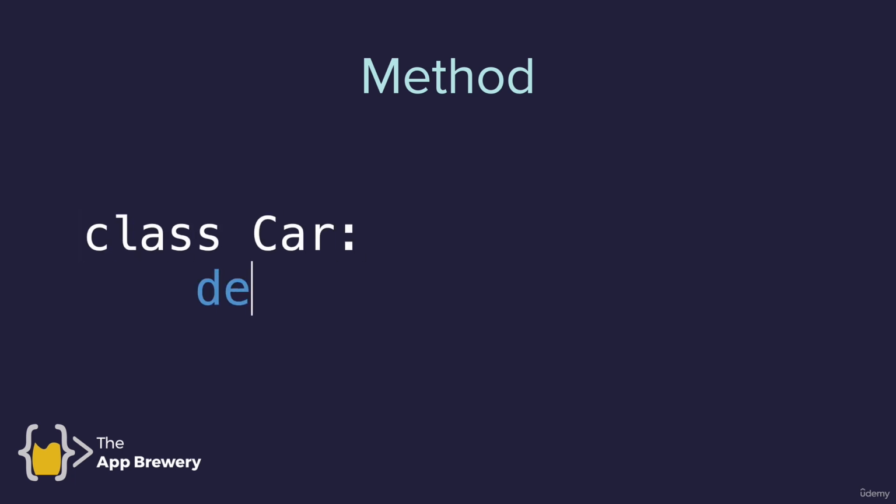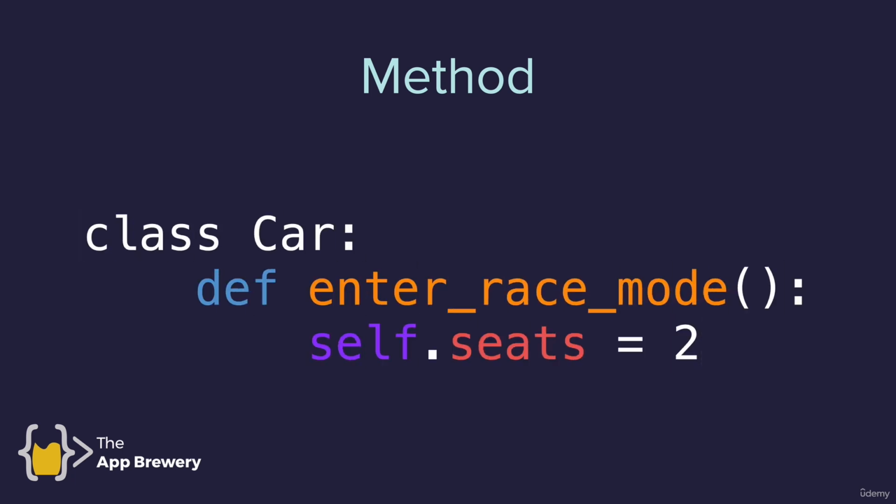This is what the method would look like. Inside the class declaration, we have a function, but remember when a function is attached to an object, then it's called a method. This method looks exactly the same as how we've created other functions. We have the def keyword, we have the name of the method, we have some parentheses which can take inputs, a colon, and then the body of the method.